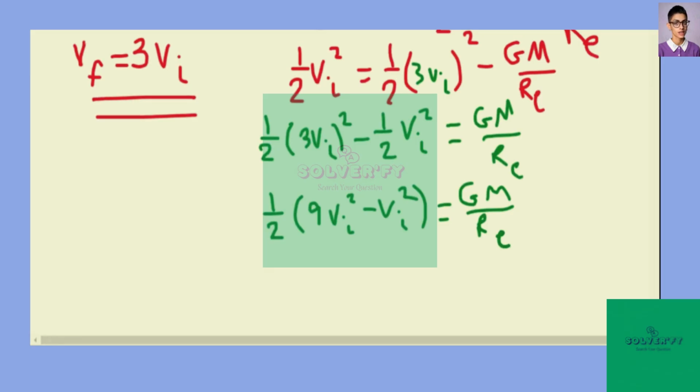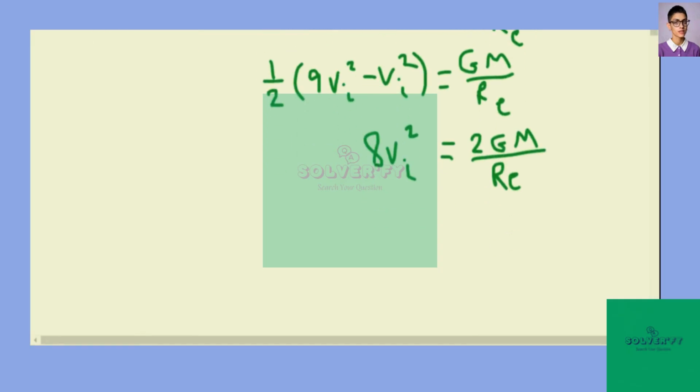Multiplying by 2 on both sides, this side becomes 2Gm over R sub E. And the other side becomes 9Vi squared minus 1 Vi squared is 8 Vi squared. Now I'm going to divide by 8 on both sides, and I'm going to get Vi squared is Gm over 4Re.